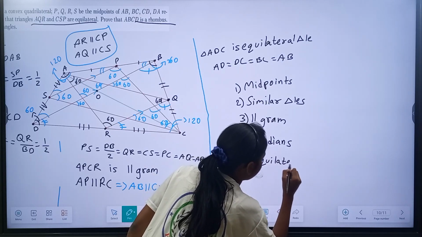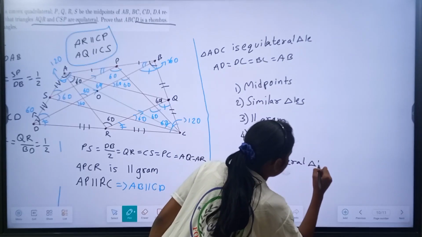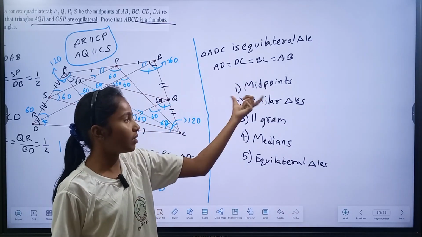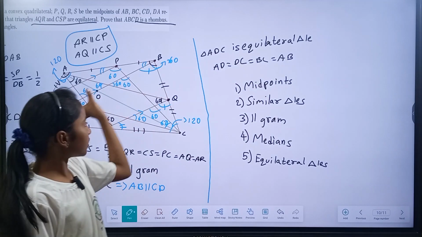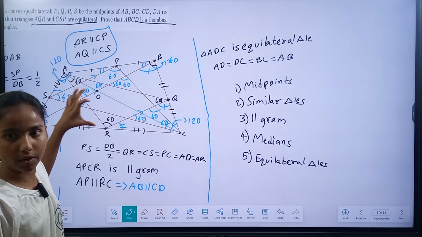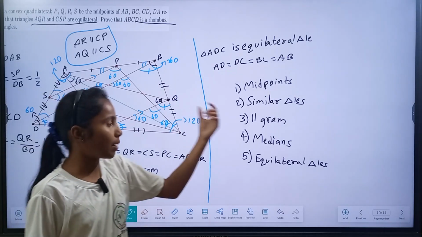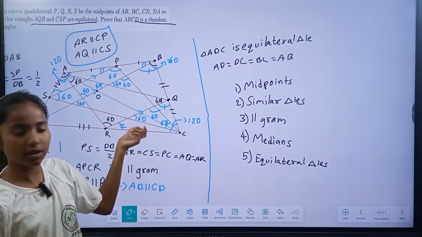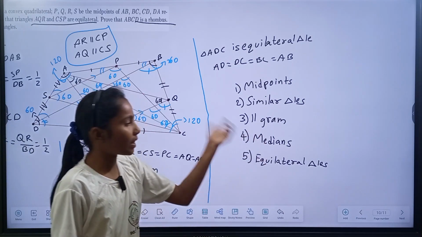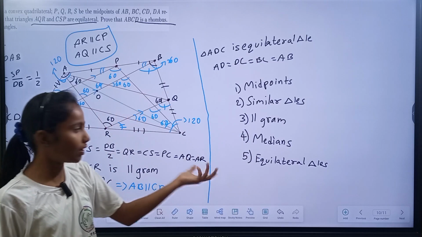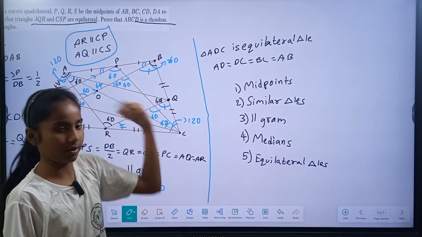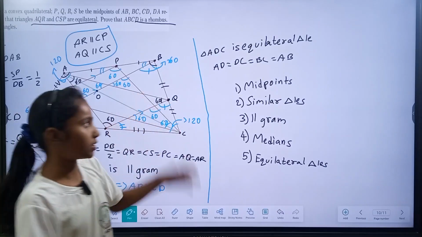First, we used midpoints to prove that some triangles are similar, and from similar triangles we proved that some quadrilaterals are parallelograms, and that the big quadrilateral ABCD is also a parallelogram, whose diagonals bisect each other. Then we took a triangle and drew its medians, and by that we said that ADC is an equilateral triangle, and by that we proved that all sides of this quadrilateral are equal. So we have proved that it is a rhombus.